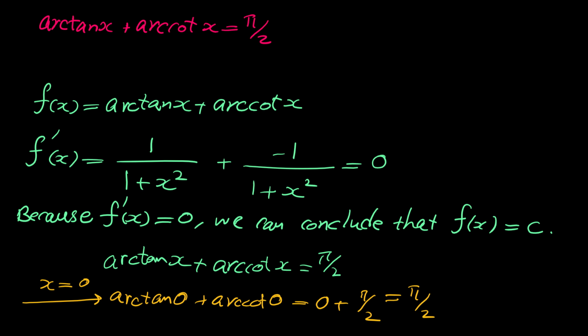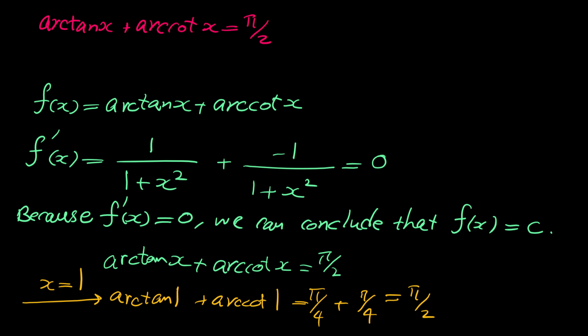Let me show you. For example, suppose you substitute 1 for x. Then you have arctangent of 1 plus arccotangent of 1. What is the angle whose tangent is 1? Pi over 4. What is the angle whose cotangent is 1? Again, pi over 4.